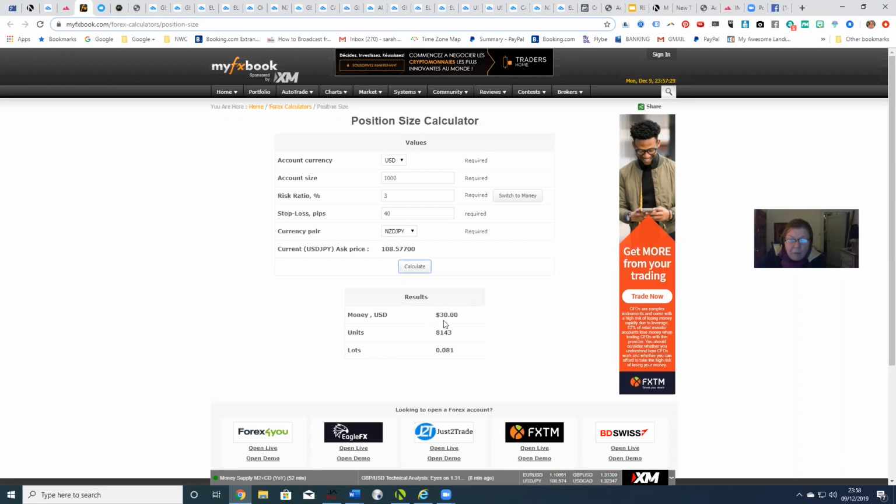So on a 1-to-1 basis, at 3%, we're risking 30, and 8 times 80 cents, because you round it down or up, at 80 cents times the 40 pips, because it's 1-to-1, we know it's 40 pips, comes out at 32. So you're risking 30 to make 32.